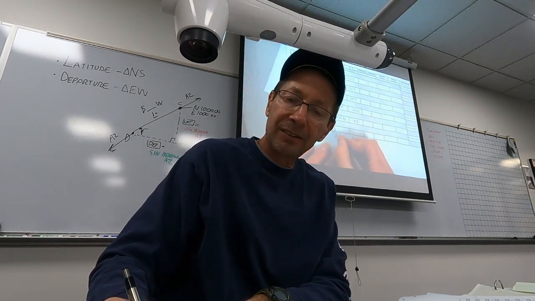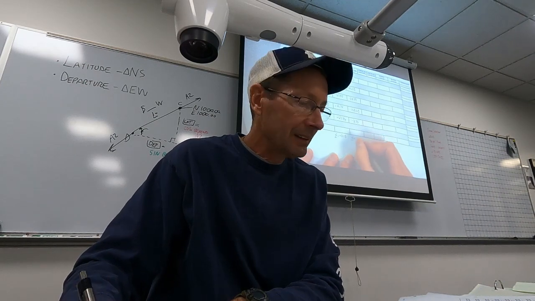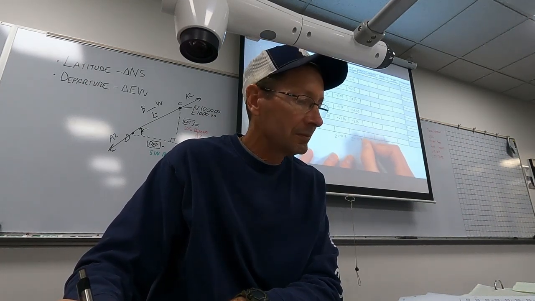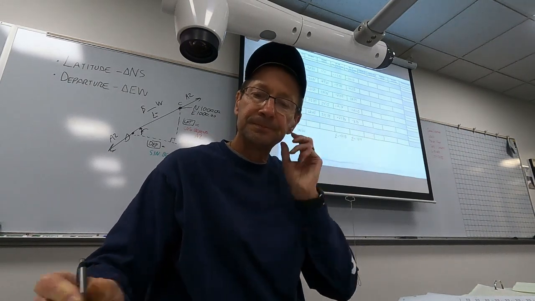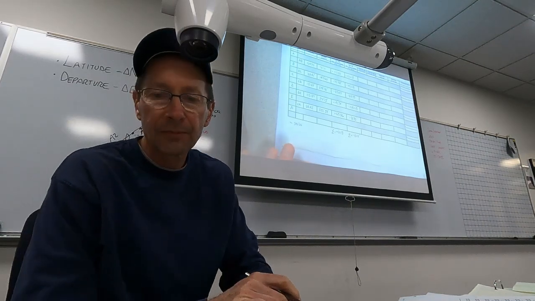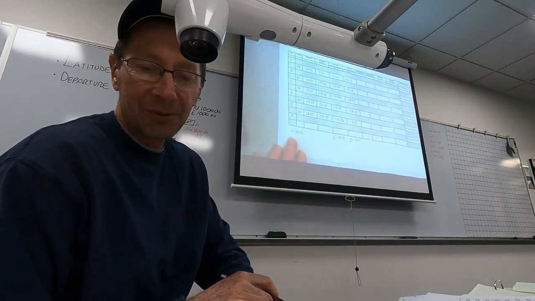So in this case, I saw plus 0.13, and over here, I saw minus 0.11 feet. So if you add them all up, we have a delta.